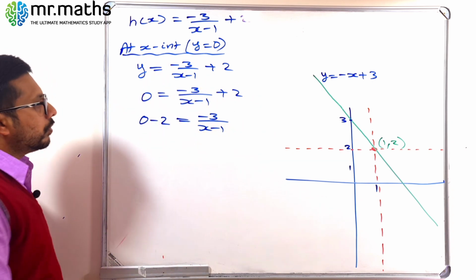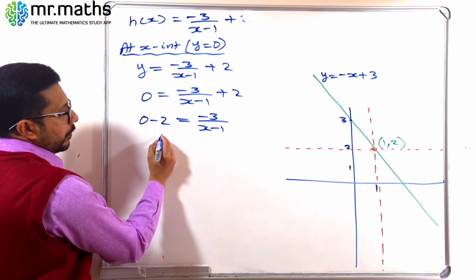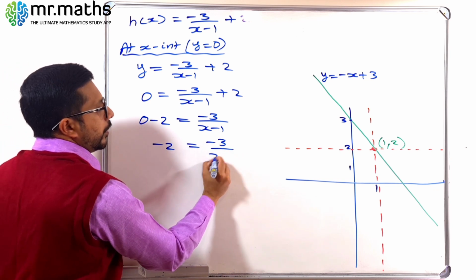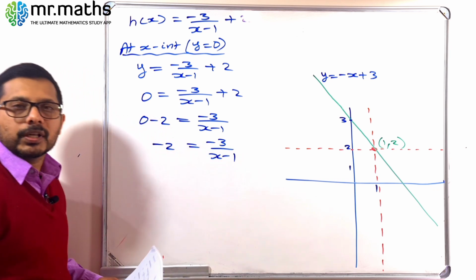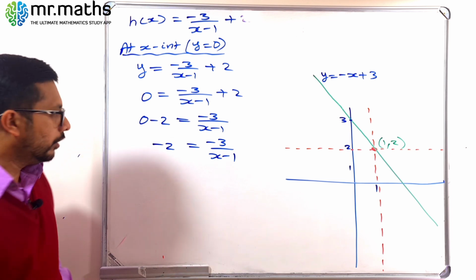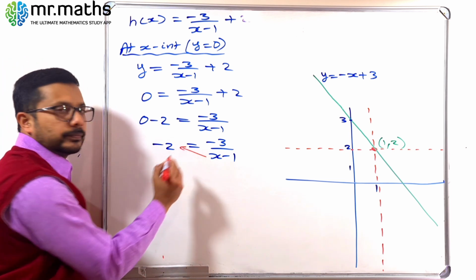So now, minus 2 is equal to minus 3 divided by x minus 1. What is the next step, guys? You have to cross multiply. Am I right? You have to cross multiply like this.